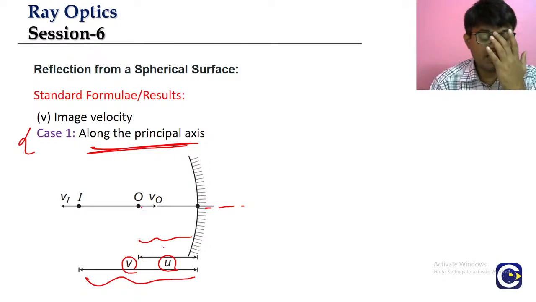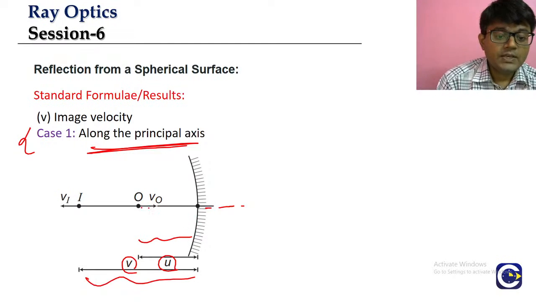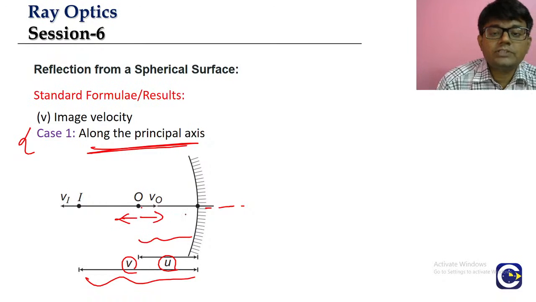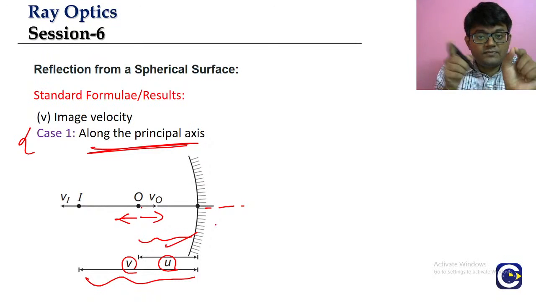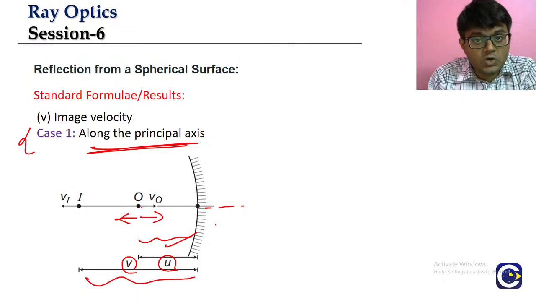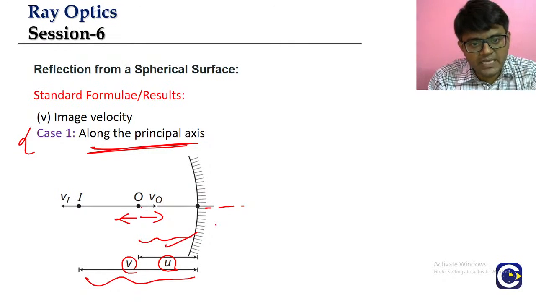Okay. Now let us look at it. If you talk about the component of velocity along the principal axis, that is related to what? The change in the value of u, correct? Because u represents the distance from the principal axis. The rate at which u is changing represents the velocity component of the object along the principal axis.